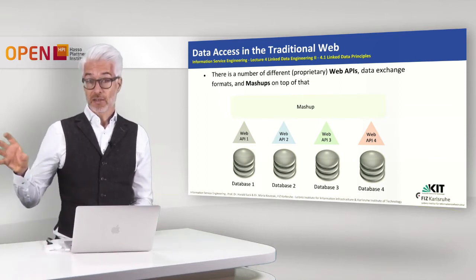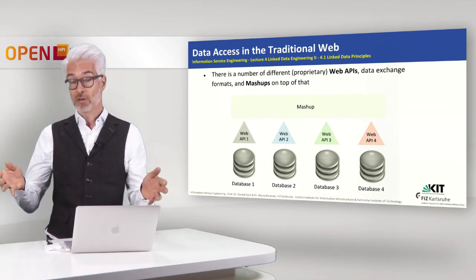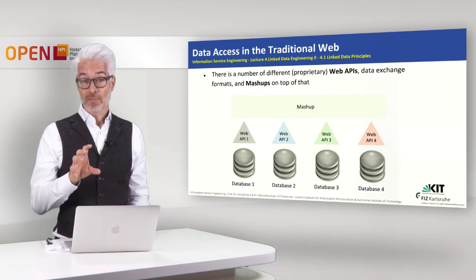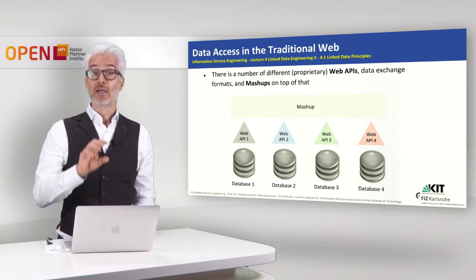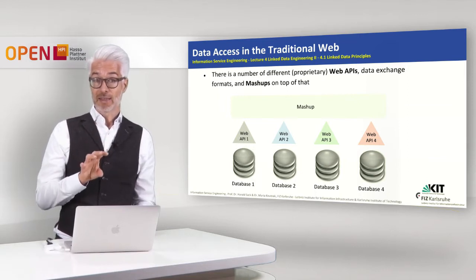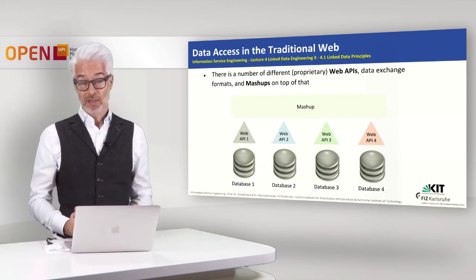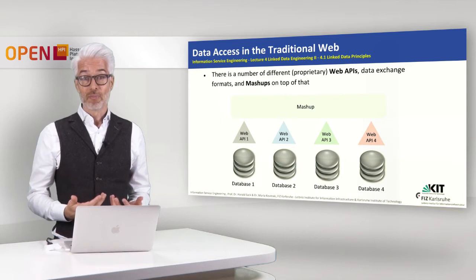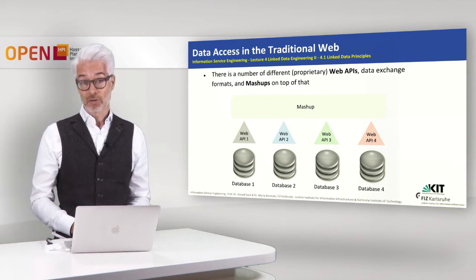If the API is changed, so probably there is a new parameter or a parameter gets lost or something like that, then also you have to change your application that is making use of exactly that API, which means the traditional way of accessing data in the web and the traditional way to create a mashup application usually is bound to a lot of maintenance work and complexity. So this is an effort.